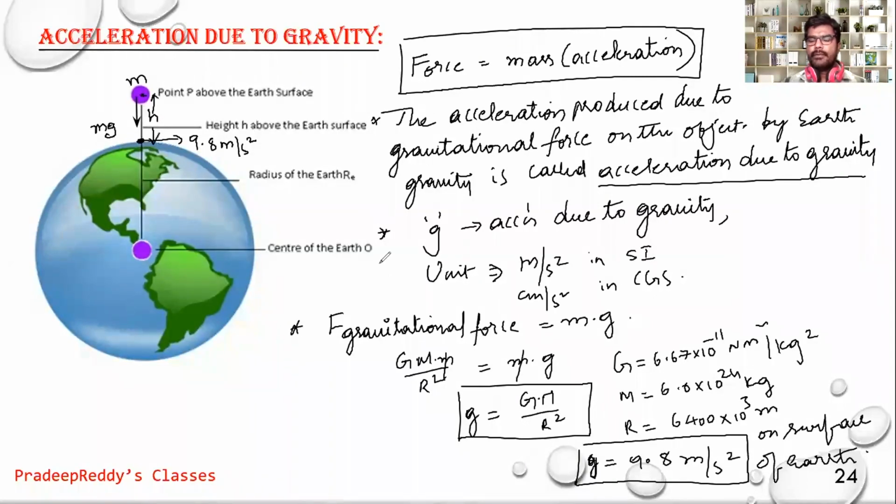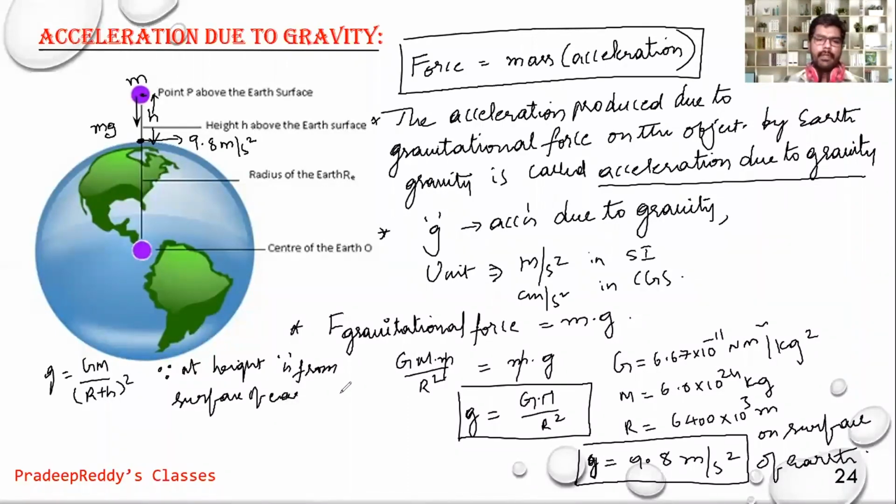So you can write it as capital G, capital M divided by r plus h whole square, since we are calculating acceleration due to gravity at height h from the surface of the earth. So what is happening to this denominator? The h value increases. As the h value increases, acceleration due to gravity decreases.